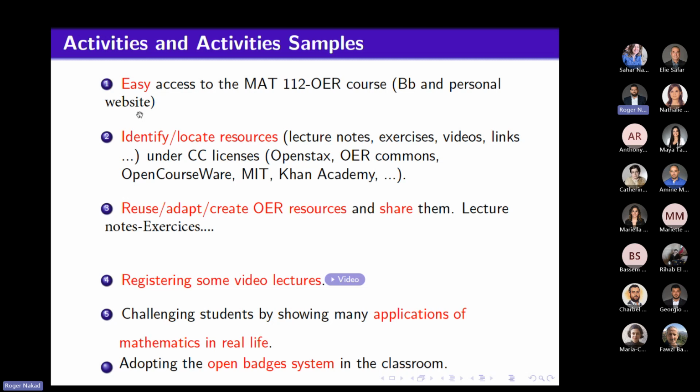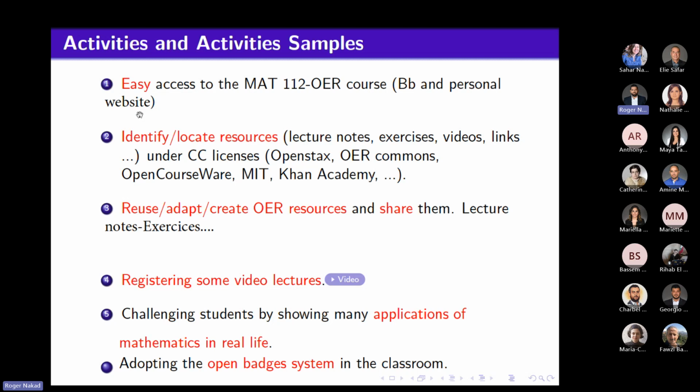And the last thing, we have adopted an open badges system. This was at the introductory level. Maybe Dr. Baroud can give insight later on how the open badges system was implemented. For the remedial course Calculus 2, we gave our students badges.